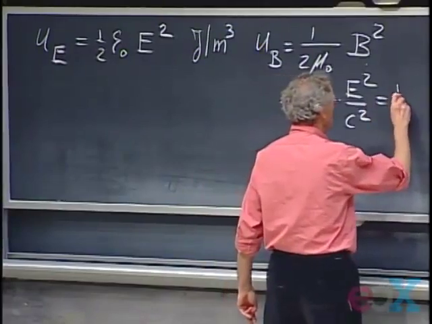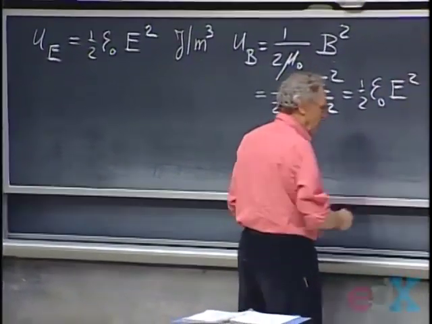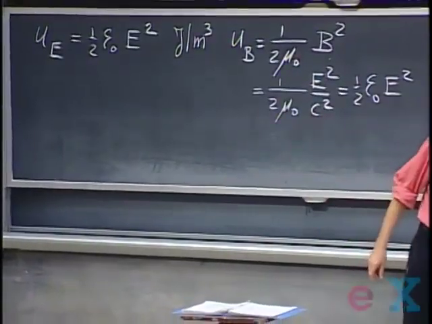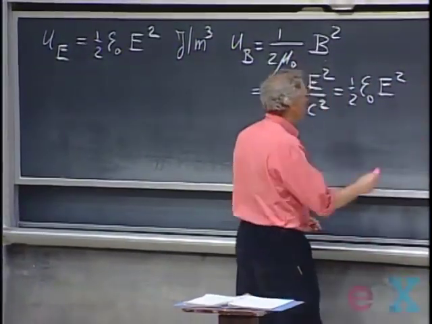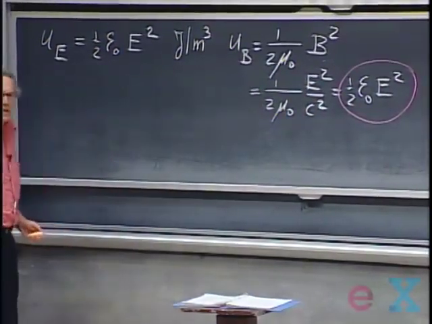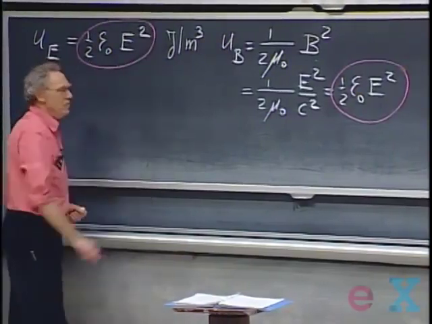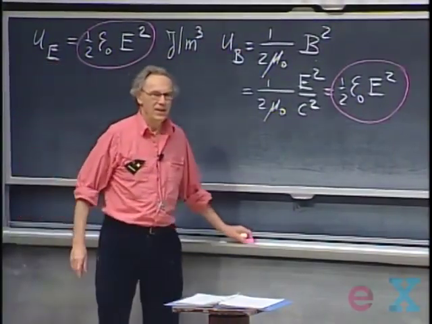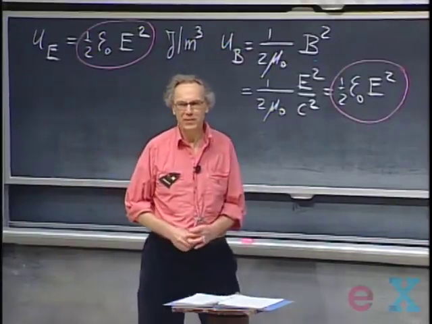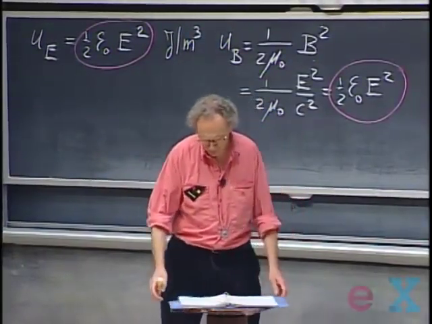So this is also 1/2 epsilon 0 E squared. And when you see this, this is an absolutely amazing result. Because what this tells you is that the energy density in the magnetic field of a traveling wave is exactly the same as the energy density in the electric field of an electromagnetic wave. That's really an amazing thing. The symmetry is absolutely beautiful.